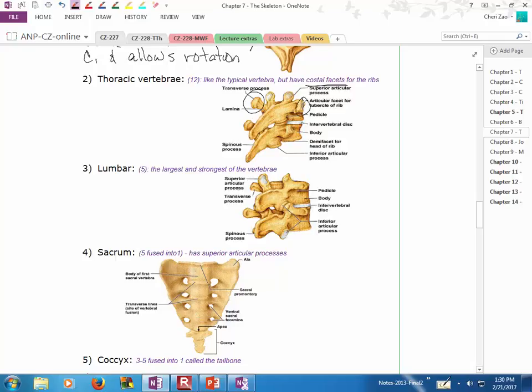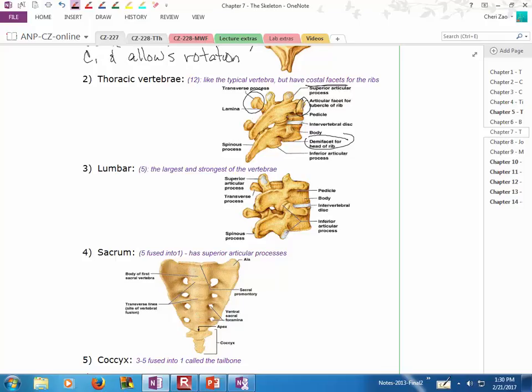And also we have another facet that they call a demifacet on the vertebral body. So those are facets for rib contact. And so that will form a joint, and that's what articulation is all about.